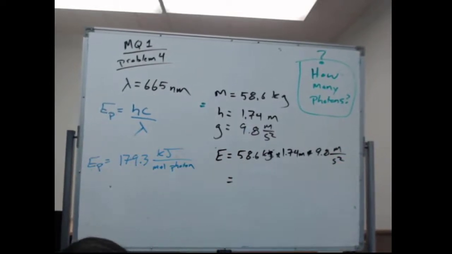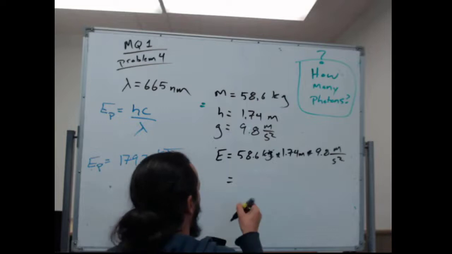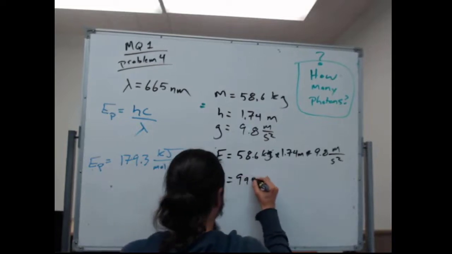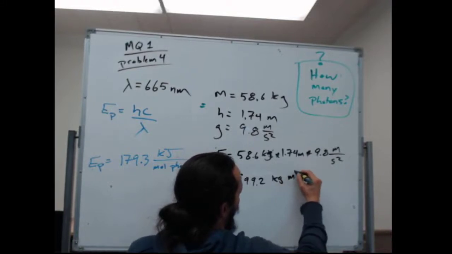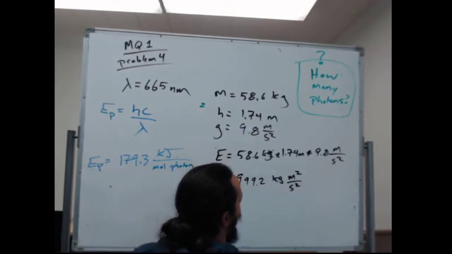Plug that all into my calculator. 58.6 times 1.74 times 9.8, and I get kilograms meters squared per second squared.